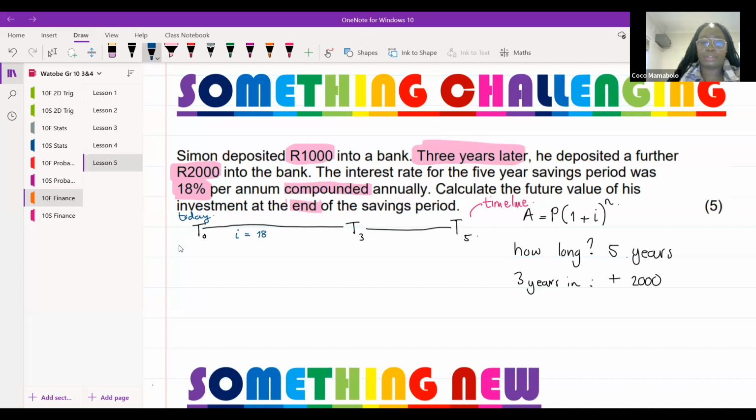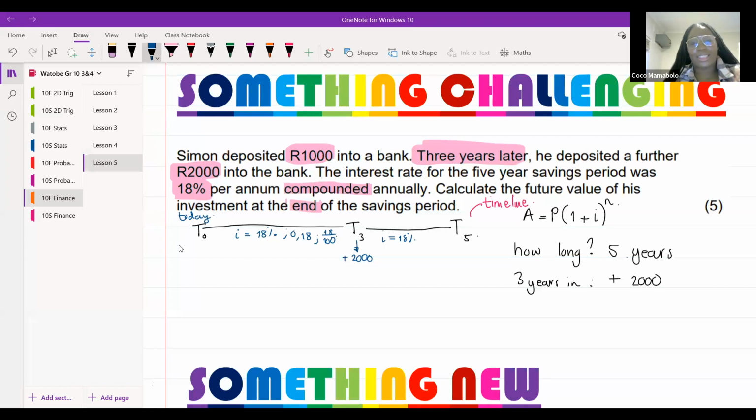It's 18%, or we can say 0,18, or 18 over 100. So what happens at year 3? We know that he deposits 2,000. After that, we still continue with the same interest rate.